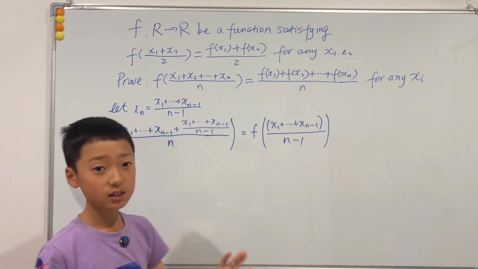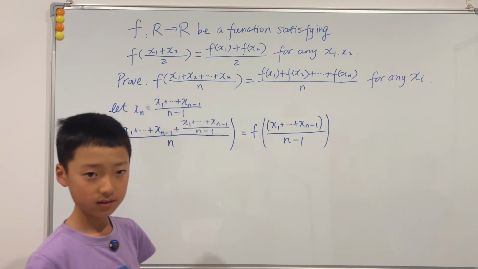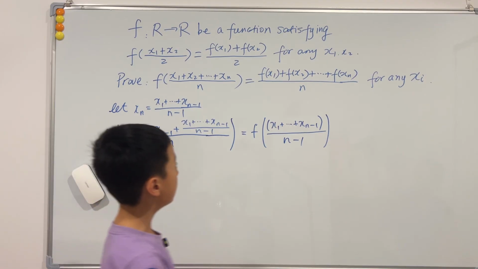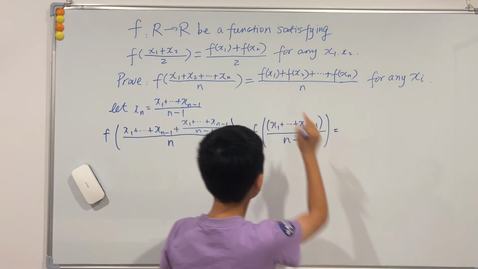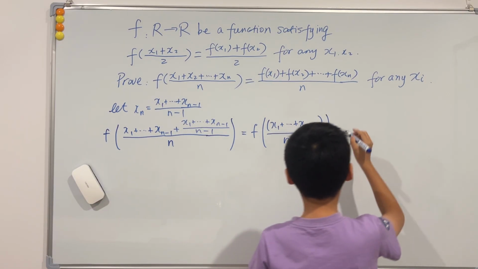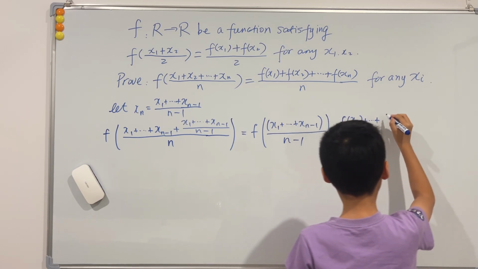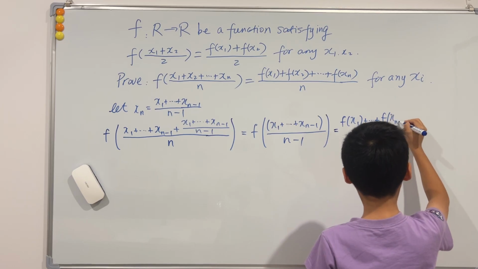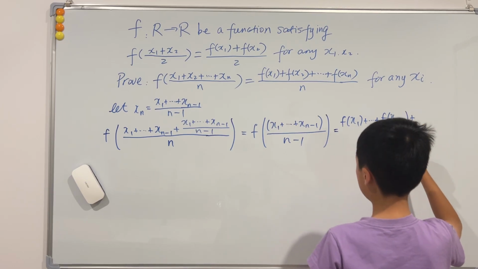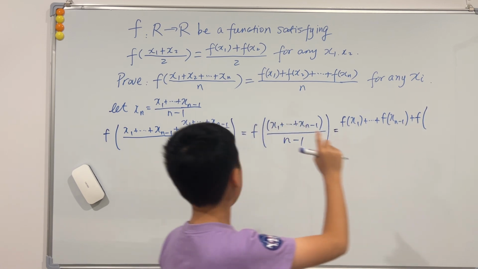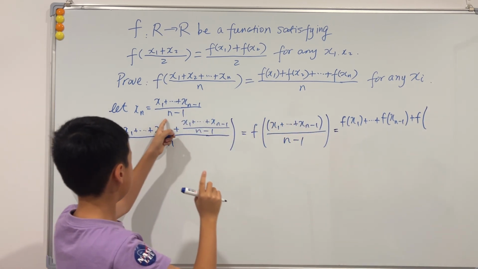Okay, so now that we've changed the left-hand side, now we can change the right-hand side. So this will be equal to, if you just look over here, f of x to the f of xn is this.